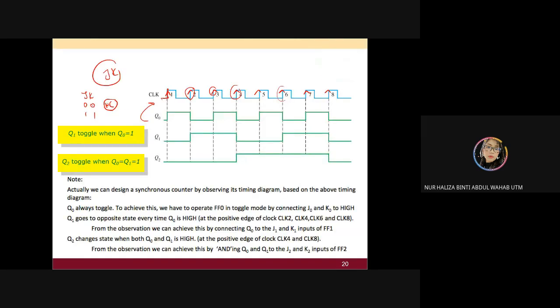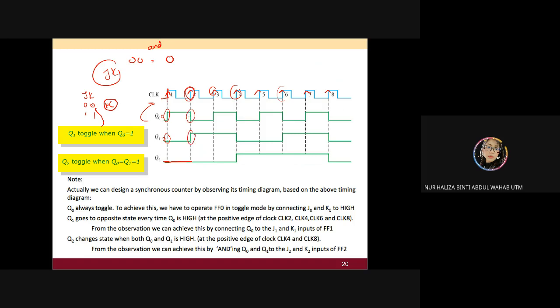So at this clock, what happens to the value of your Q1 and Q0? So it is 0, 0. AND, okay? 0, 0 will be 0. So it's going to be JK 0. JK 0, no change. Until you meet another clock at this side.